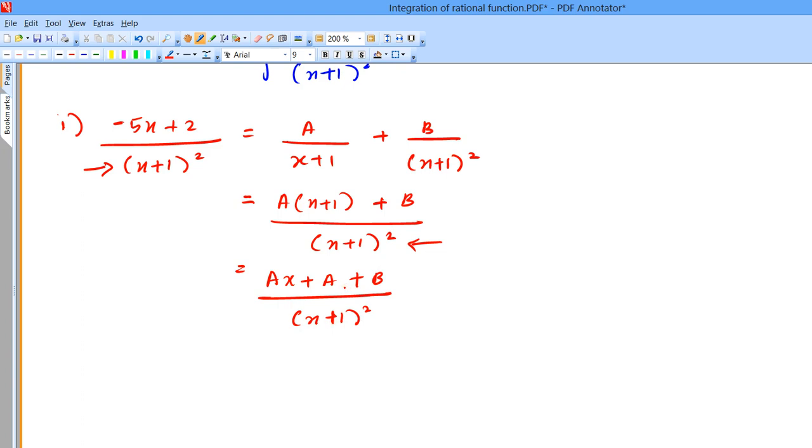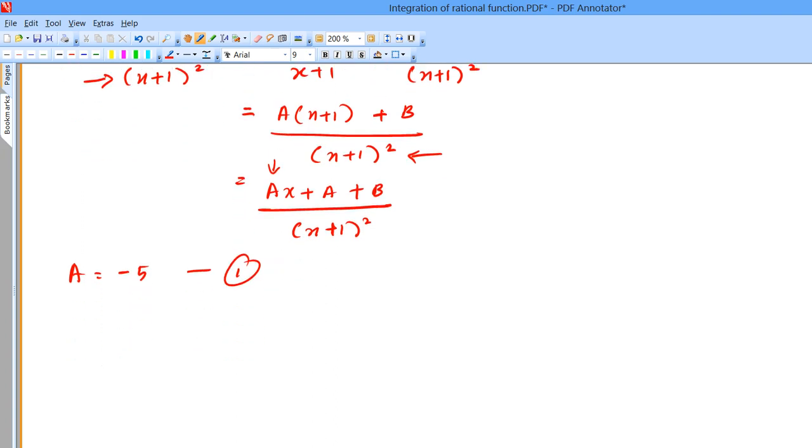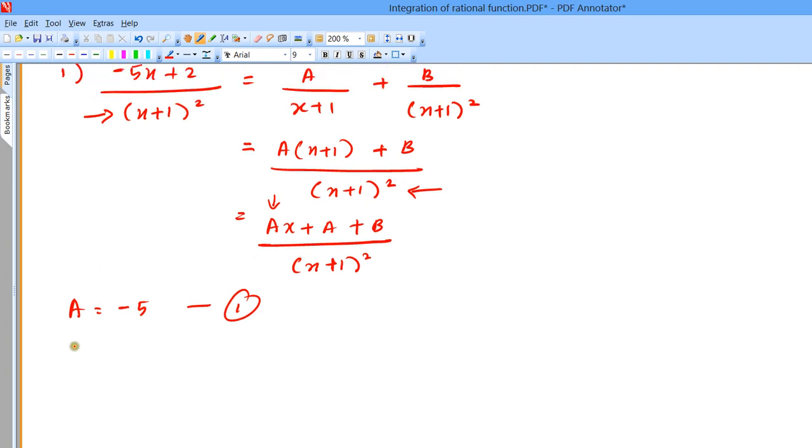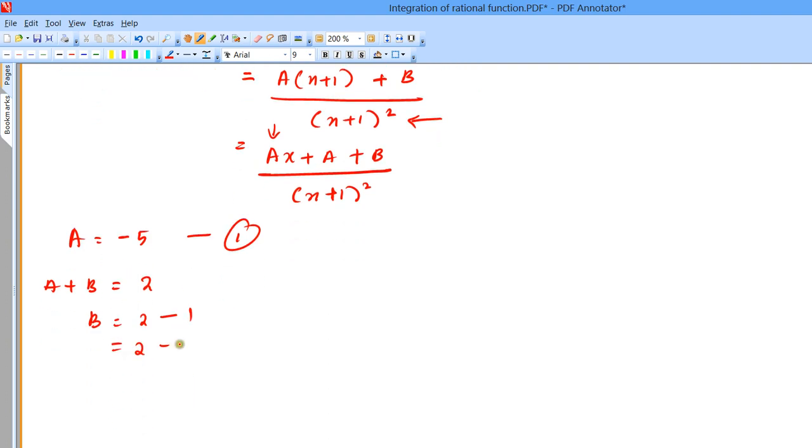So for the coefficient of x, we have a on the right hand side, so we have a equal to the left hand side negative 5. So this is the first equation. And then for the constant, we have a plus b equal to 2, so b equal to 2 minus a, equal to 2 minus negative 5, equal to 7.